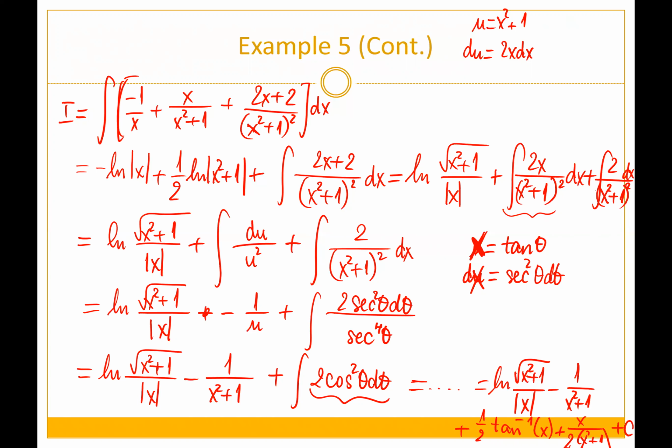Then you have to use trig sub, and then we have to use the right triangle relationship to put it back into the form of x. So it's a lot of work. But this is a very helpful example because it's a very good representation of the type of problems and the level of difficulty that you're going to run into in the midterm.